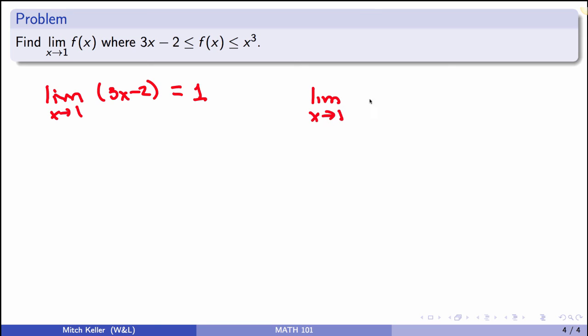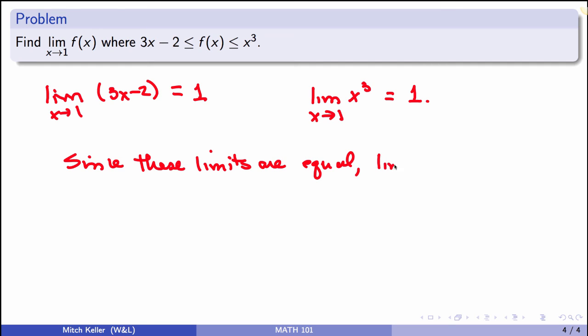The function on the right, x cubed, another polynomial, continuous function, so we can evaluate. So since those two limits are equal, then we know that the limit as x approaches 1 of f of x is 1 as well. Notice we don't know anything else about f of x. f of x may be completely crazy, have all sorts of strange things going on. As long as it satisfies these inequalities, though, we know that its limit must be 1 because the limits of these two outside pieces are 1 as well.